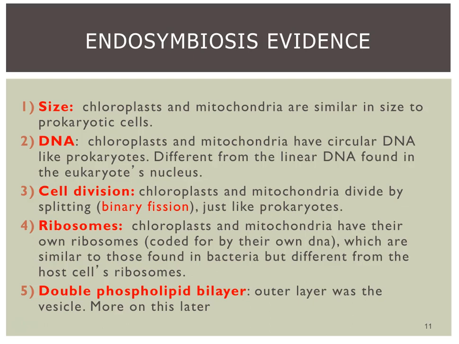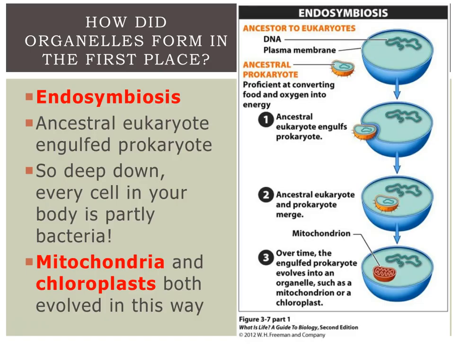And finally, the double phospholipid bilayer. Again, we haven't learned too much about the phospholipid bilayer yet. We will in the next video of this chapter. But for now, the double phospholipid bilayer is the same thing as saying the plasma membrane. So right here you see this eukaryotic plasma membrane, and here you see the prokaryotic plasma membrane.